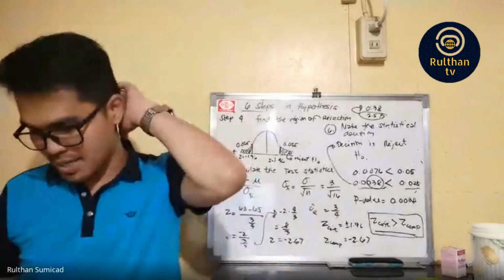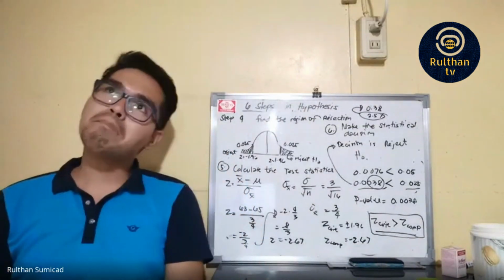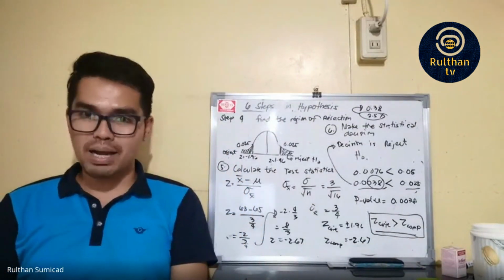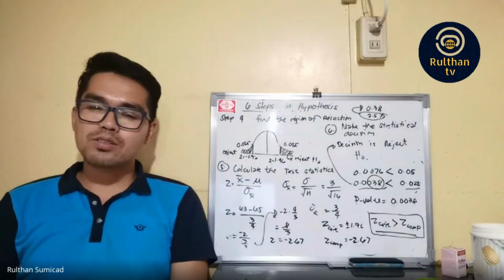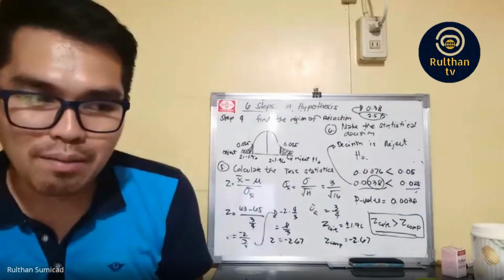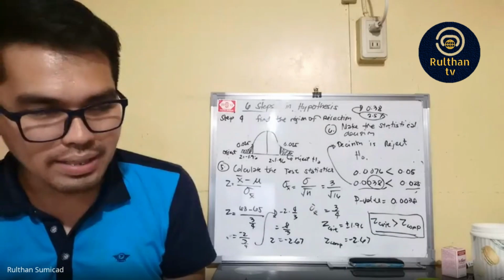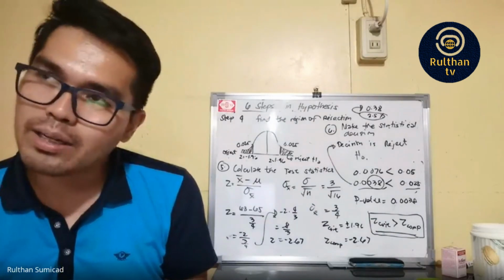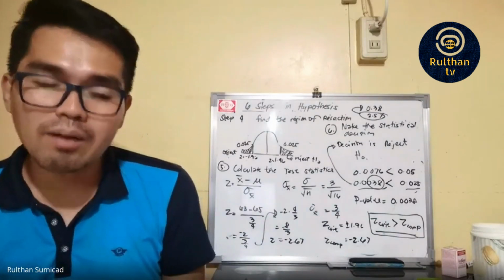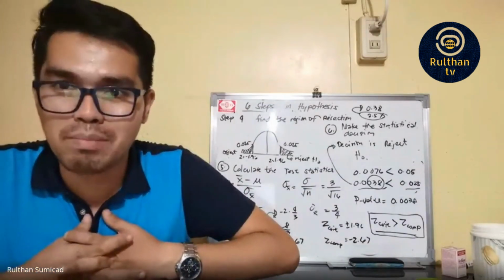Okay, the idea is like this. Your population should be normal, so that the distribution of the sample mean is also normal. But we cannot deny the fact that you cannot expect that the distribution of the population is always normal.